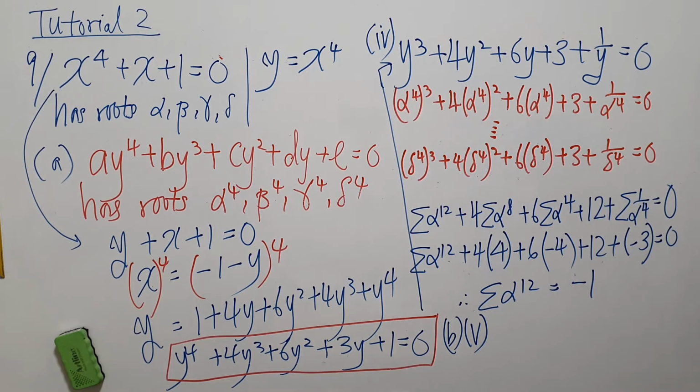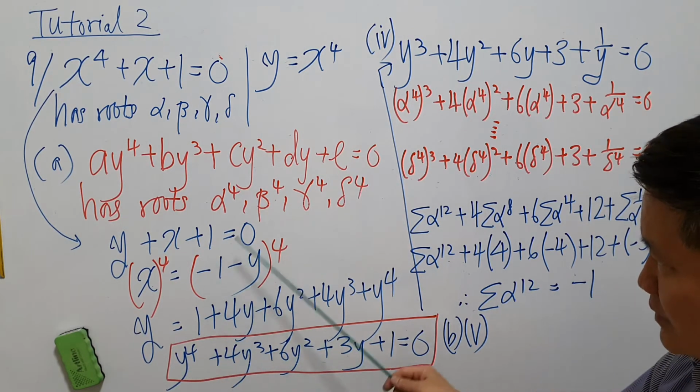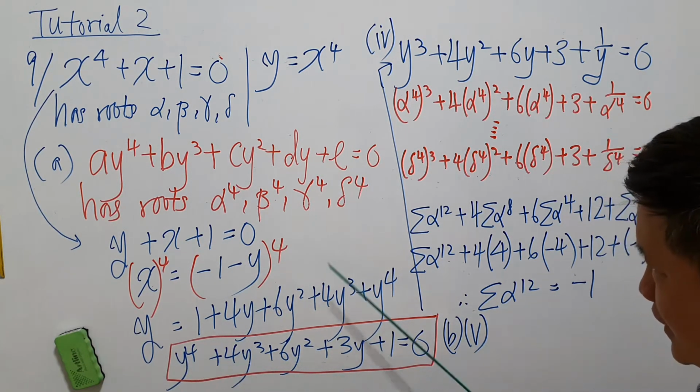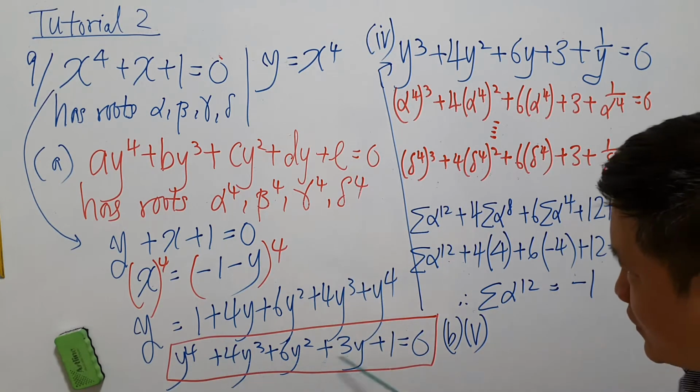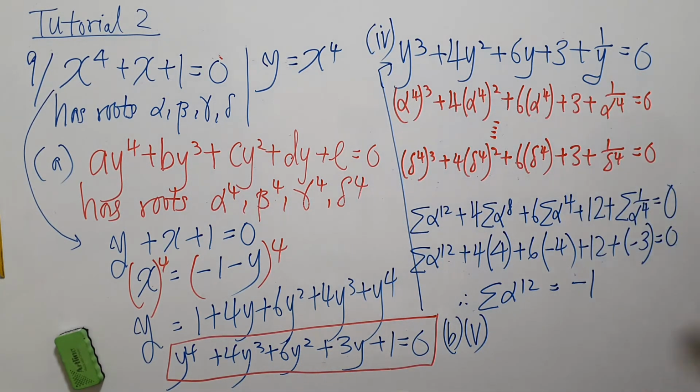Let me say I put in y as alpha to the power 4 throughout. Next, y as beta to the power 4 throughout. Next, y as gamma to the power 4 throughout. Next, y as delta to the power 4 throughout. And then I add them up vertically. What do you think I'll get?